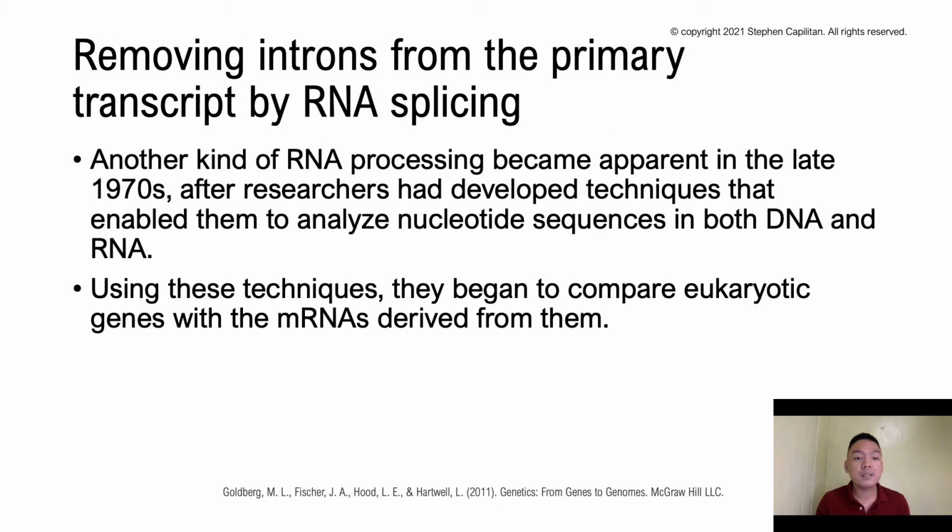So let's talk about removing introns from the primary transcript by what we call RNA splicing. Another kind of RNA processing became apparent in the late 1970s, after researchers had developed techniques that enabled them to analyze nucleotide sequence in both DNA and RNA. Using these techniques, they began to compare eukaryotic genes with the mRNAs derived from them.